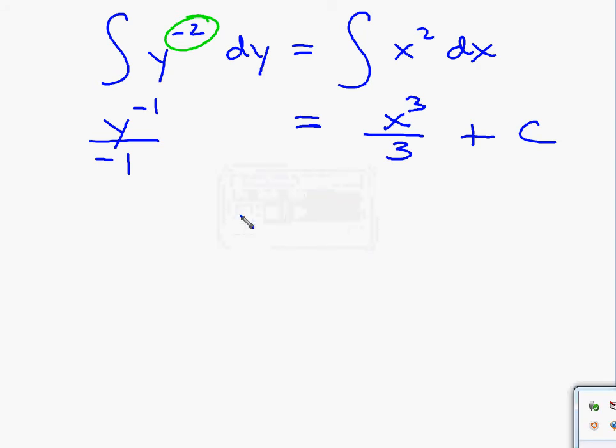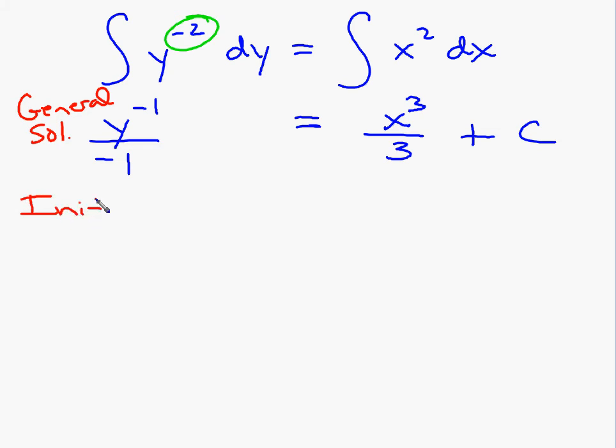So remember from our last 2 days, this is what we would call a general solution. If I want to have a particular solution, then I need an initial condition. So let me give you one, and let's finish this problem.